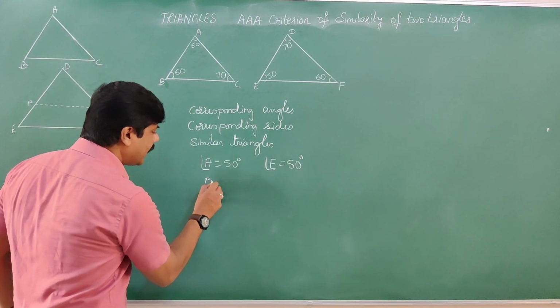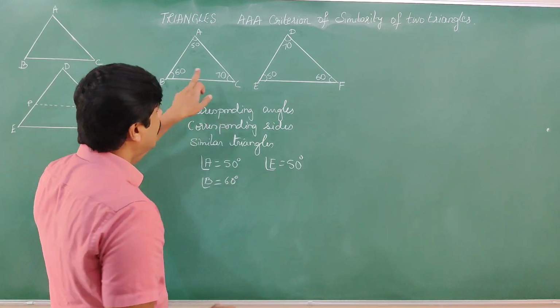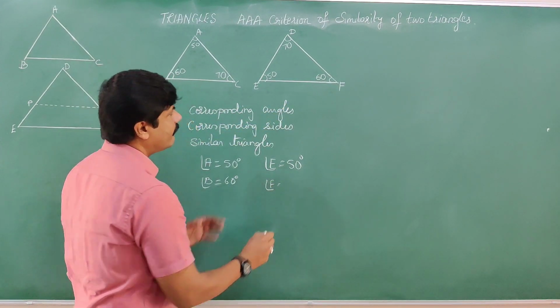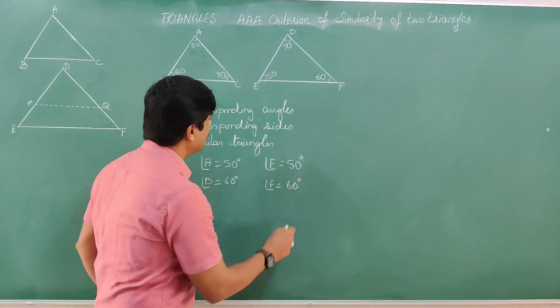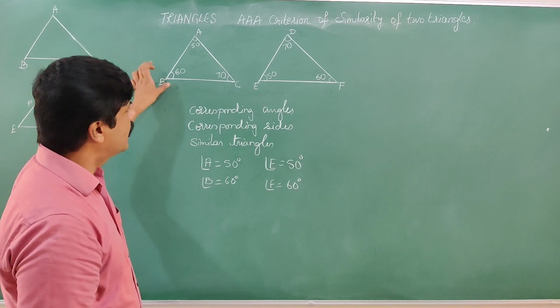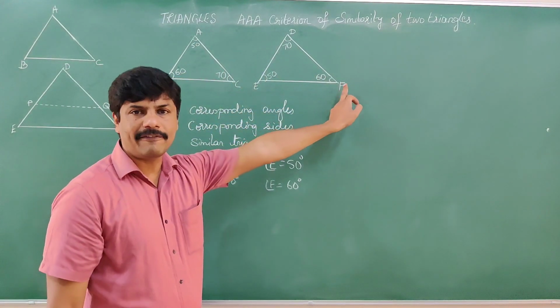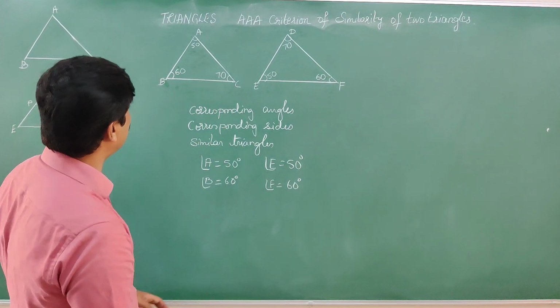Now observe, angle B is 60 degrees and angle F of the other triangle DEF is 60 degrees. Angle B is equal to angle F. Therefore, angle B and angle F are called corresponding angles. Next, what is left out?